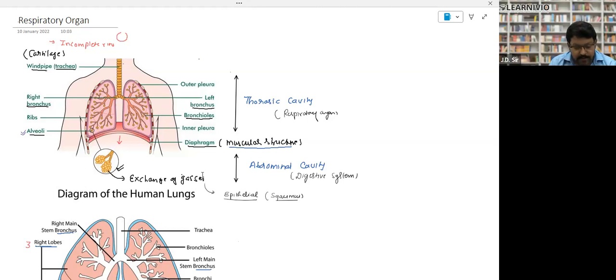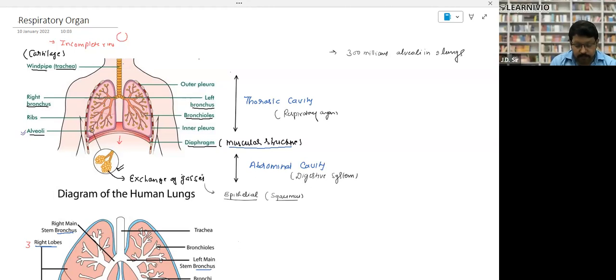There are 300 million alveoli in two lungs. Means each of us have 300 million alveoli.